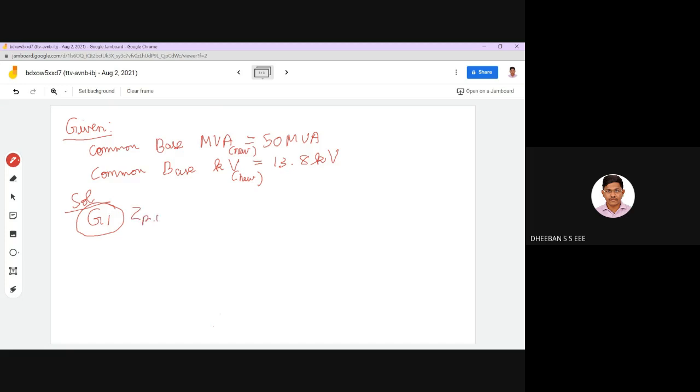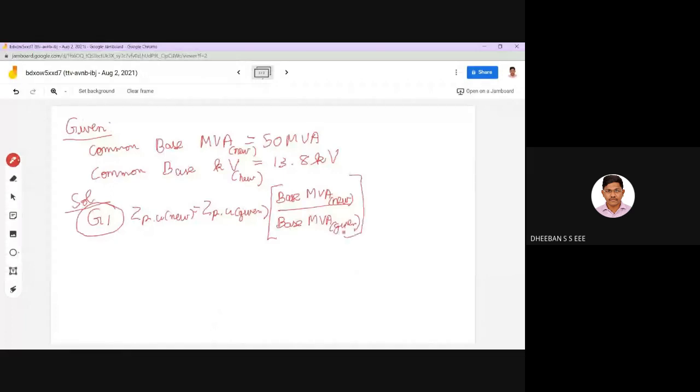Z per unit new will be equal to Z per unit given into MVA new by MVA given.